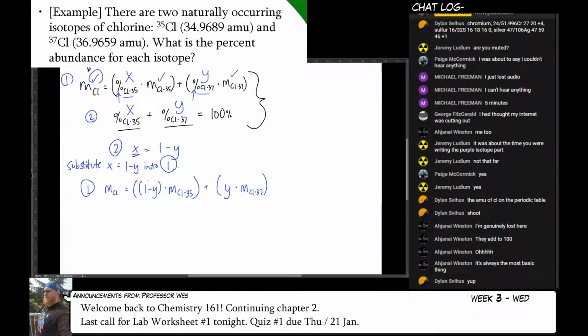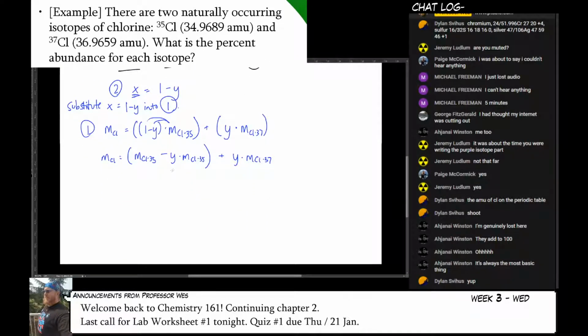So I'm going to distribute this M chlorine-35 in this equation. So M Cl equals M Cl35 times 1 is M Cl35 minus y times M Cl35 plus y times M Cl37. Then I'm going to isolate all the terms with y in it, so I can eventually factor out the y.